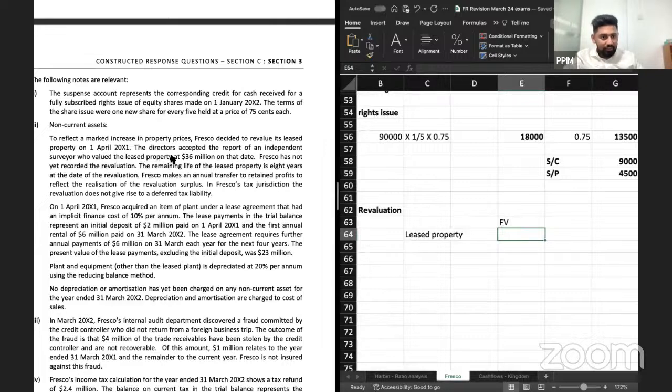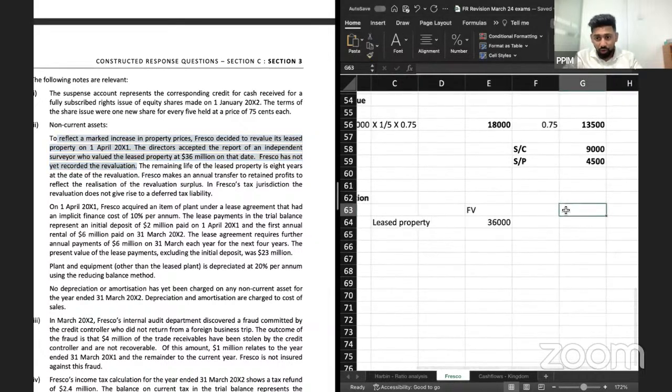They say the leased property fair value is 36 million, 36,000. And Fresco has not recorded the revaluation, the remaining life. Before coming there, first, let's take it one by one. This sentence, let's finish it off. Your fair value is 36,000. You require your net book value to understand the revaluation.